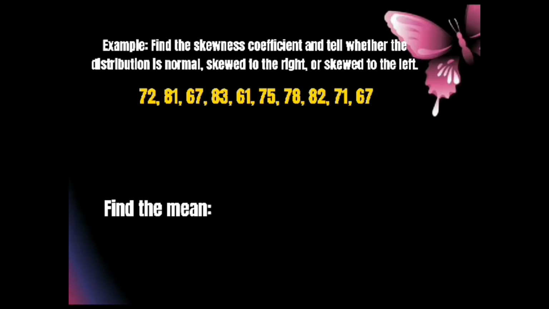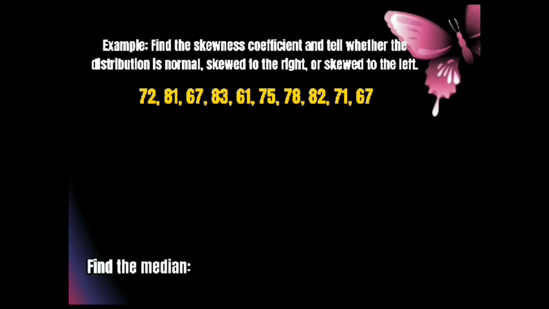Since there are 10, we will divide by 10. 72 plus 81 plus 67 plus 83 plus 61 plus 75 plus 78 plus 82 plus 71 plus 67 equals 737, and divided by 10 is equal to 73.7. So the mean is equal to 73.7.